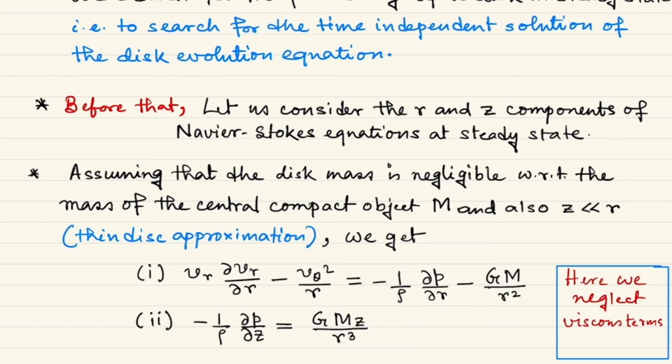For the r cap direction and for the z cap direction, really the viscous terms are not of importance. That is something very important in modeling. We have to always keep an eye open to understand at which level which terms are important and which terms are not.